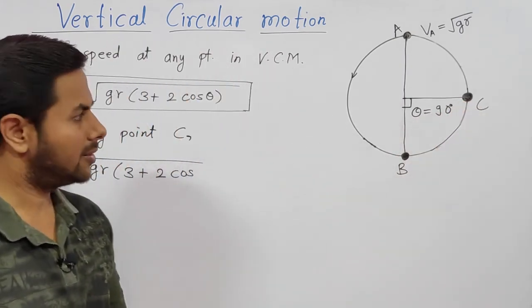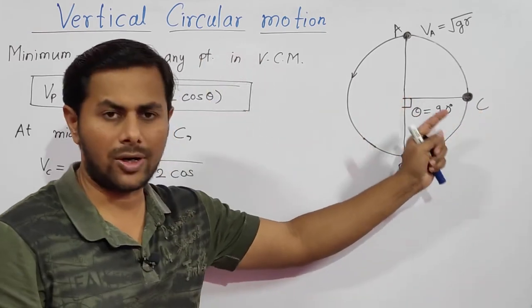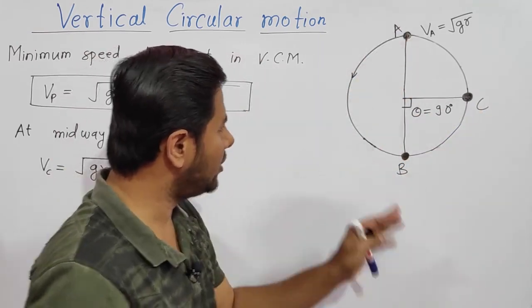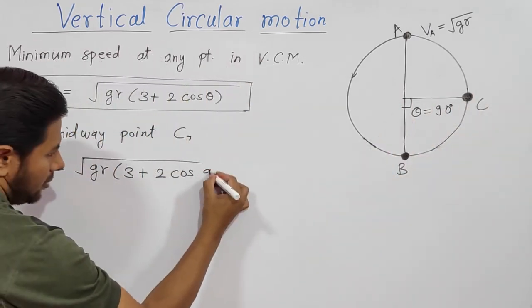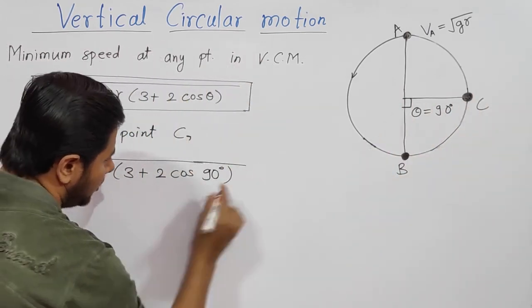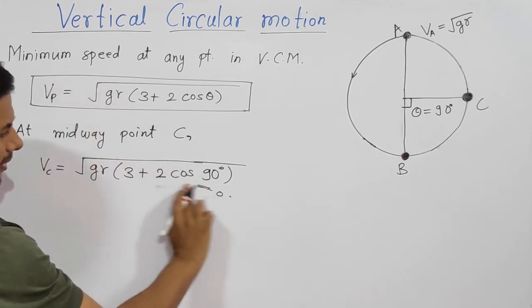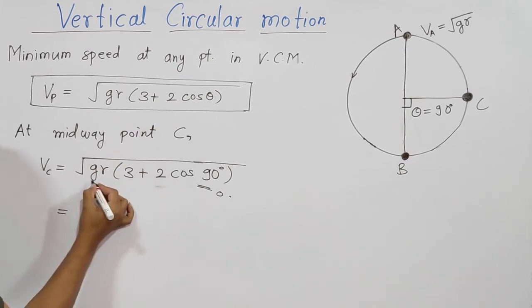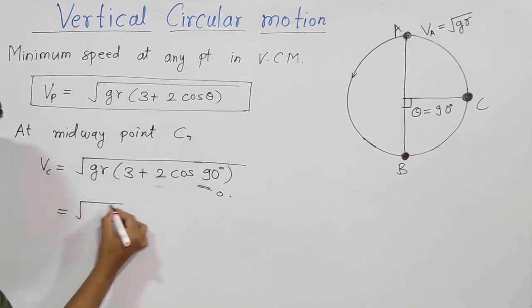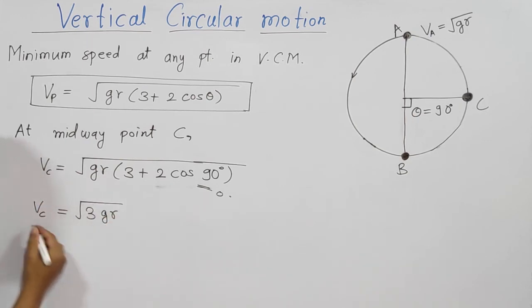So theta is the angle between position vector or radius vector of the point and the vertical. So here it is 90 degrees, and we know that cos of 90 is equal to 0. So the second term becomes 0 and we are left with 3 times of GR. So speed at the midway point is square root of 3GR.